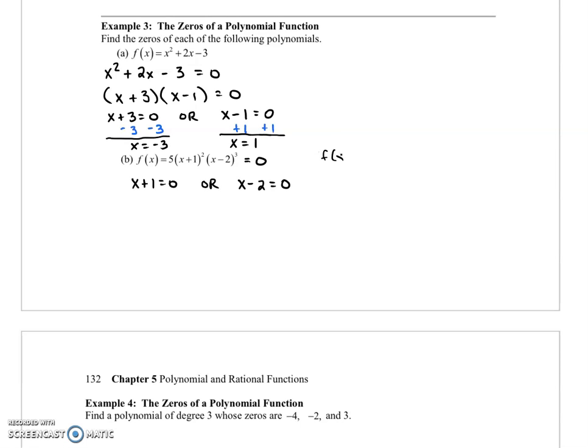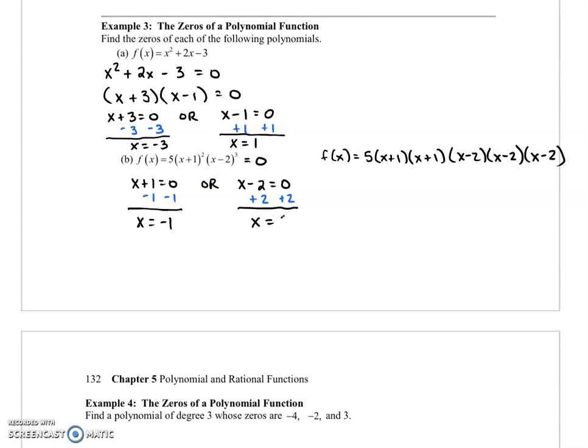Technically, we could write it out as f of x is 5 times x plus 1 times another x plus 1 times an x minus 2 times x minus 2 times another x minus 2. But since we have two x plus 1s, they're going to result in the same solution, so we only have to solve once. So if we finish solving these equations for x, we have x equals negative 1 or x equals positive 2.